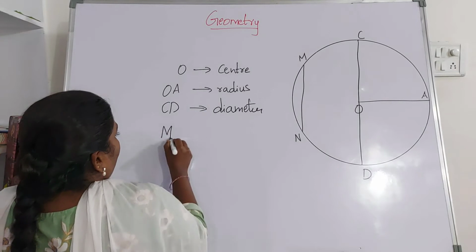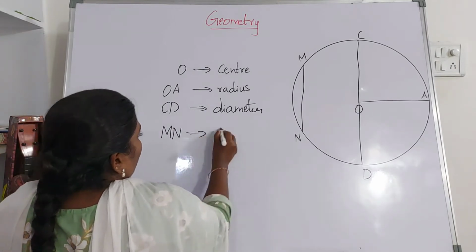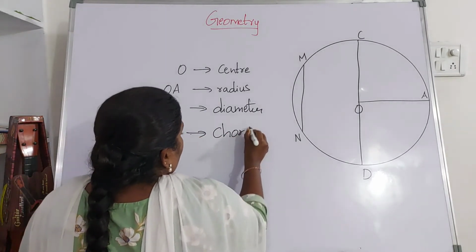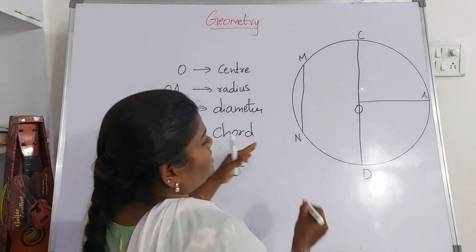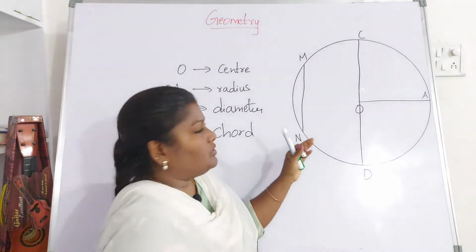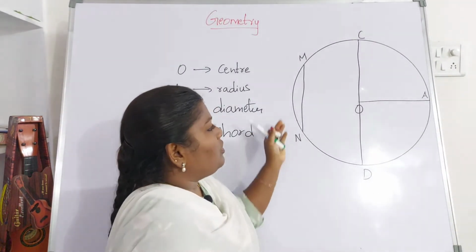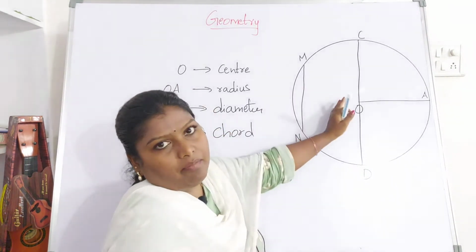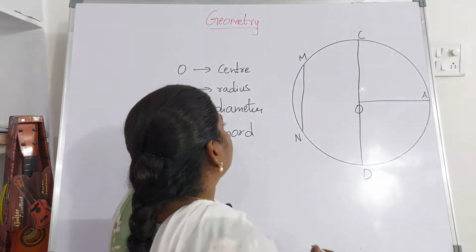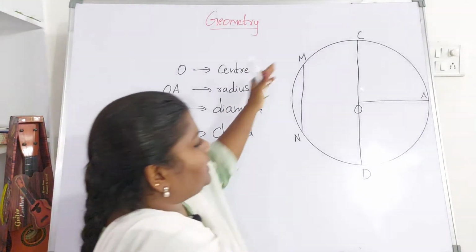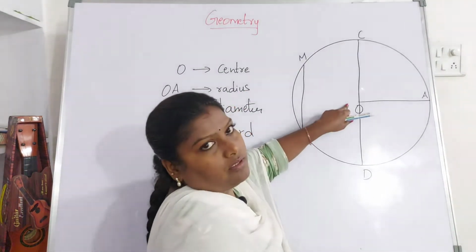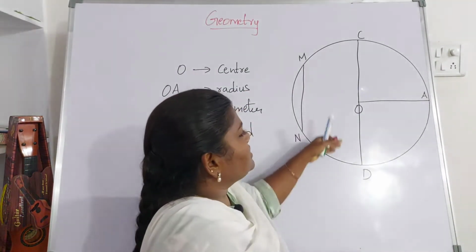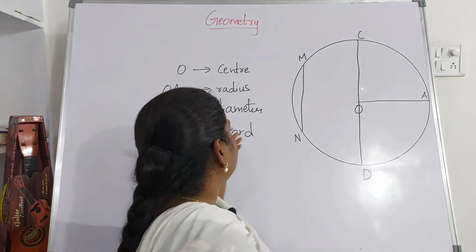So MN is called chord. So in a circle we can draw n number of chords. So the longest chord is diameter. The longest chord is diameter because it is touching the center point, and all the remaining chords are not equal to the diameter.